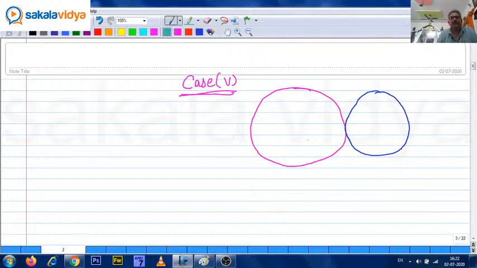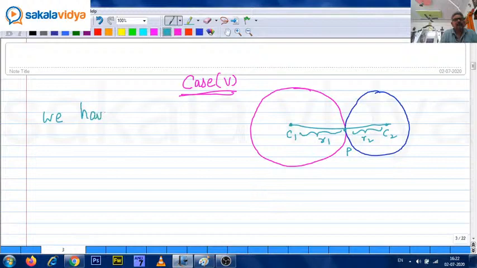Suppose this is C1, this is C2. Now they touch at P, for example. This is R1, the radius is R2. Here, clear, we have R1 plus R2 equals C1 C2.